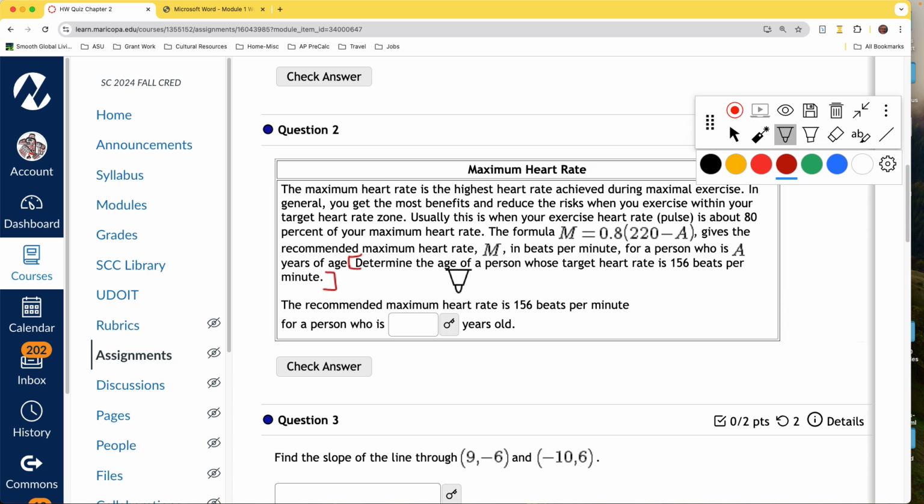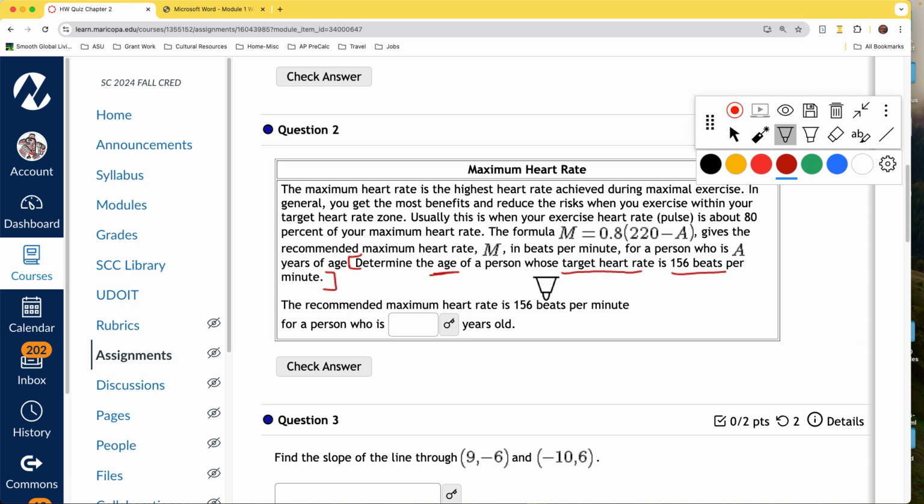We're asked to determine the age of a person whose target heart rate is 156 beats per minute. So we're looking to determine the age. The question is, we're trying to find someone's age. We're told that they're going to have a target heart rate, and we're given a number. I have no idea what this means yet, but I know what the question is. I'm looking for somebody's age. I work backwards.